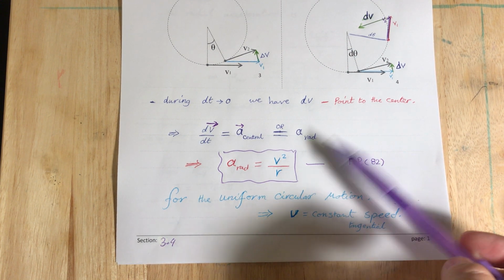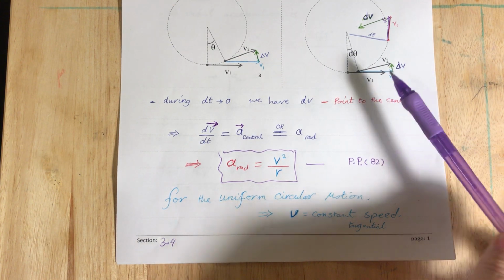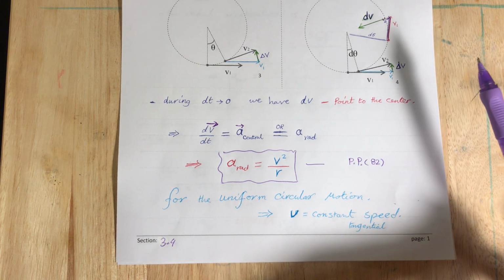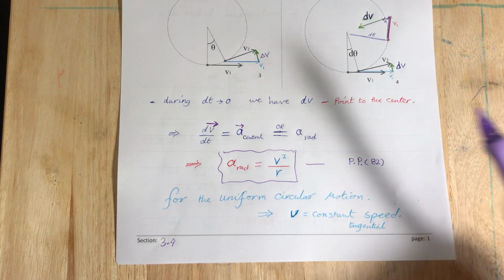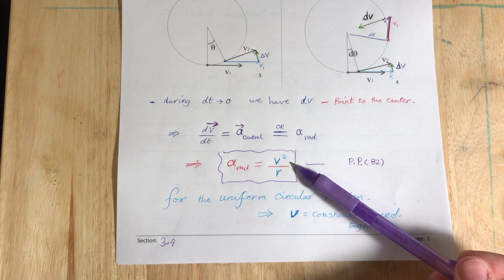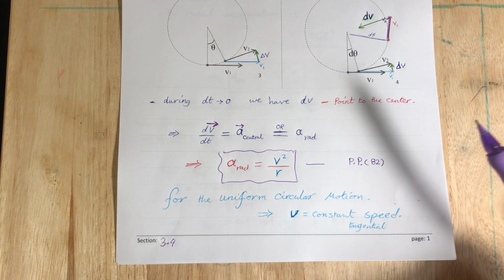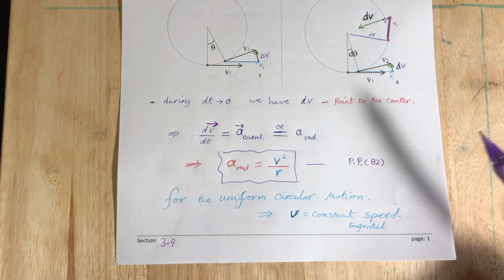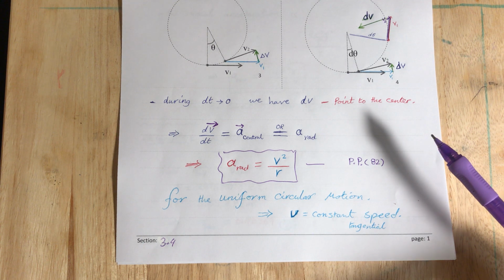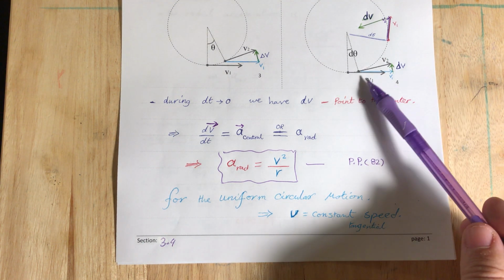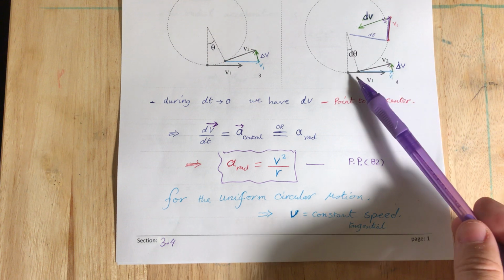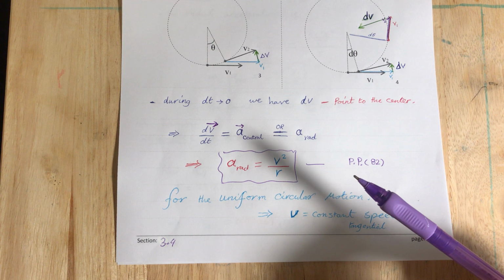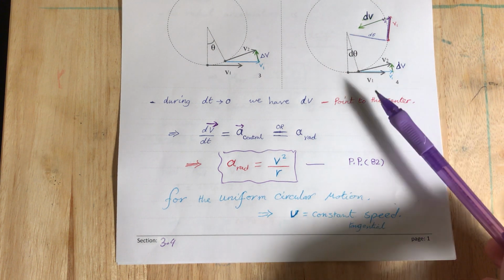V is the velocity of the body moving around the center of rotation, over the radius. We are dealing with constant speed but changing velocity. If the velocity changes in its magnitude, which is the speed, or in its direction, then we have acceleration. Here the speed is the same, but the direction of the velocity changes, and for that we have acceleration.